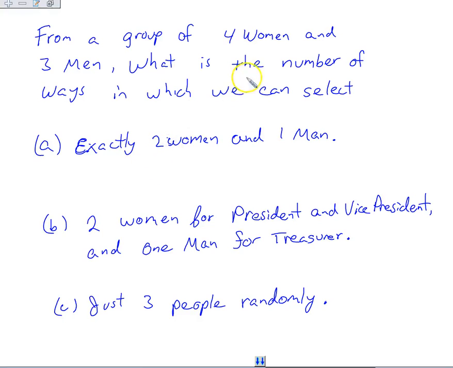From a group of 4 women, we choose 2, times, from a group of 3 men, we choose exactly 1. And we do the 4 choose 2. We can do that in the calculator. And 3 choose 1. We can do that in the calculator, and then multiply both of these and get the answer.